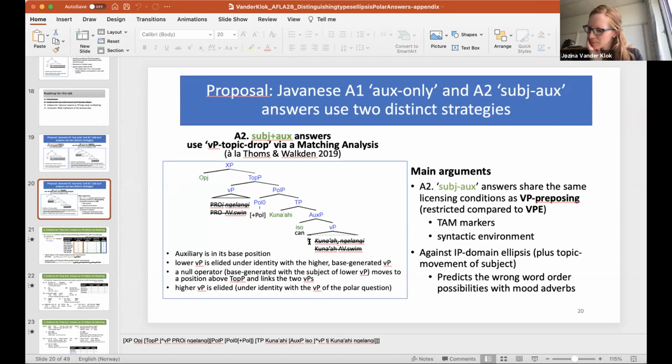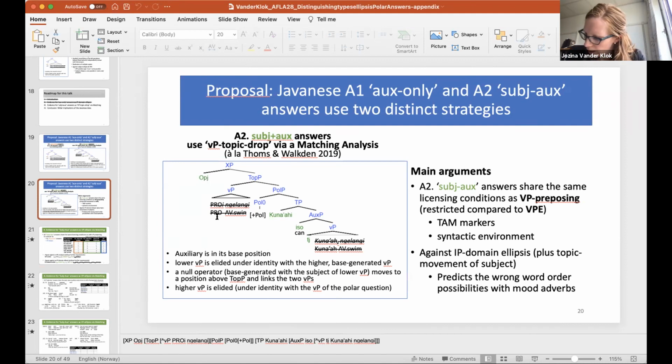Okay. So I'm adopting this from Tom and Walkden's paper, and they likened it to an analysis in tough constructions. So the motivation is to provide an A-bar binder for the pro in the higher base generated VP.